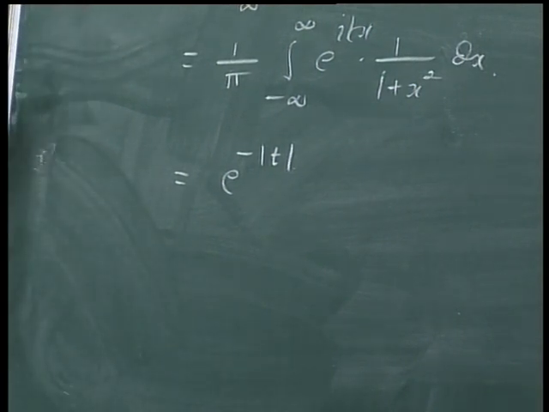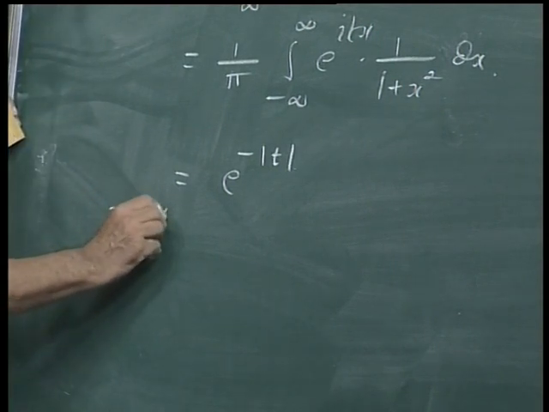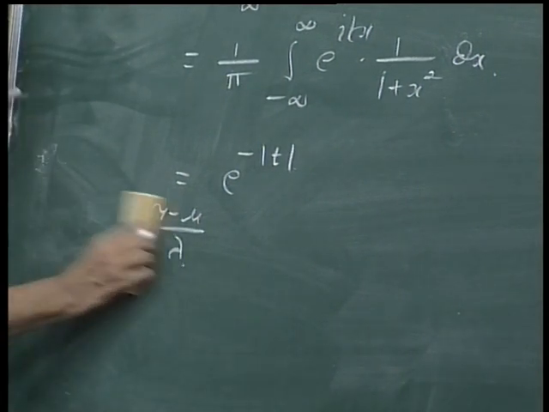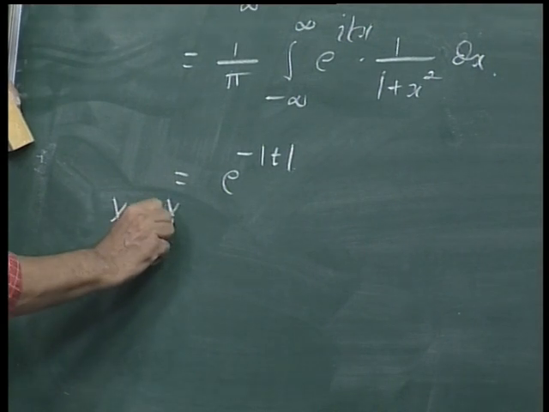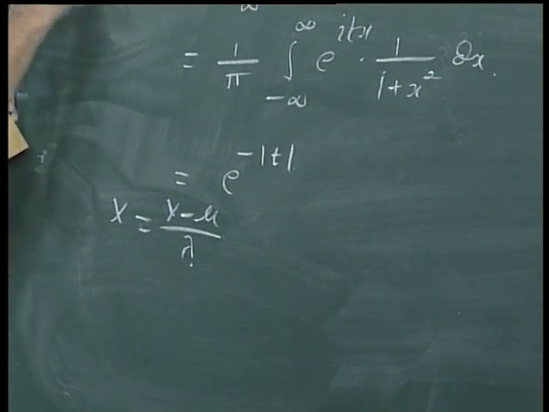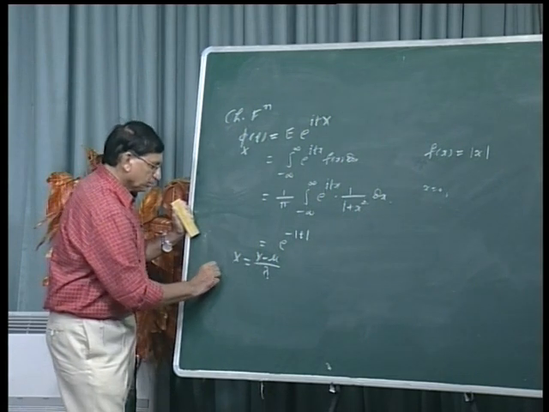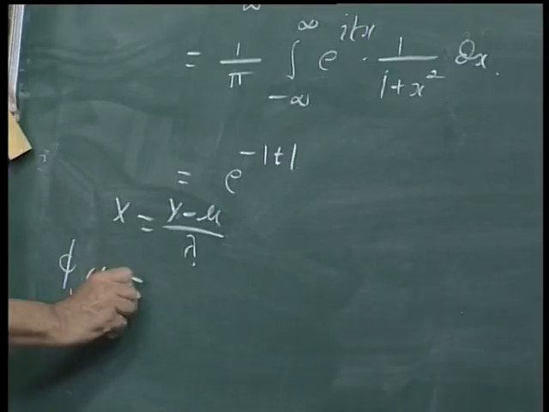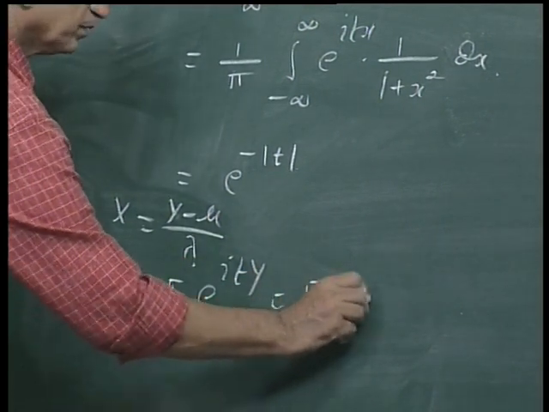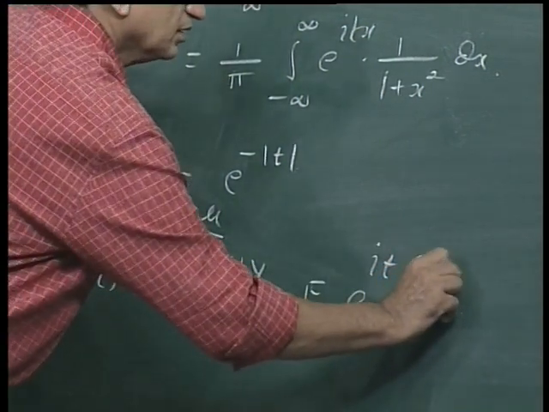Second thing, if we take x is equal to y minus mu upon lambda, or in capital notation if I write x is equal to y minus mu upon lambda, actually this is the characteristic function of x, standard Cauchy variate. So from this we can get characteristic function of y. So phi y t, characteristic function of y, that is expected value of e raised to i t y, is equal to expected value of e raised to i t into mu plus lambda x, since y means mu plus lambda x.